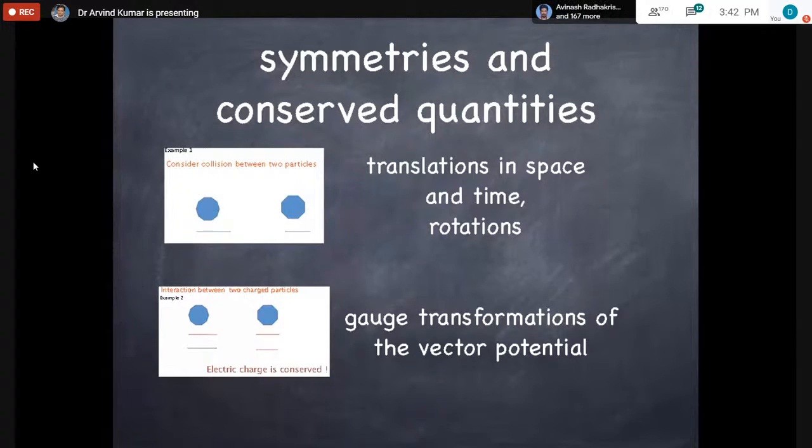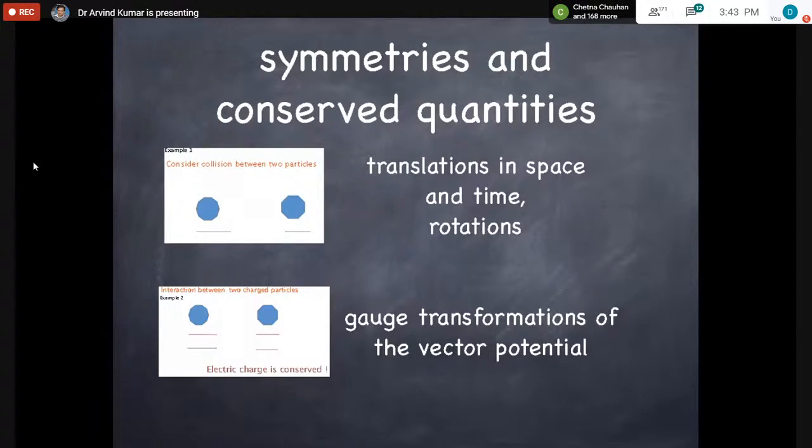So these transformations lead to something called conservation of electric charge. So every conserved quantity has some sort of a symmetry associated with it, and these symmetries are essentially associated with some translations or some transformations on the system.